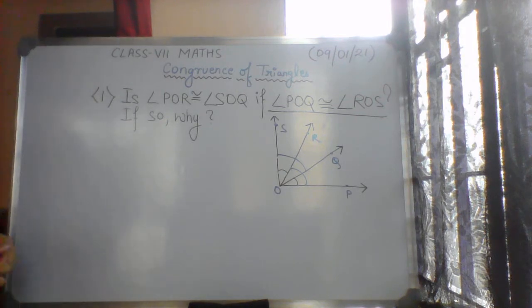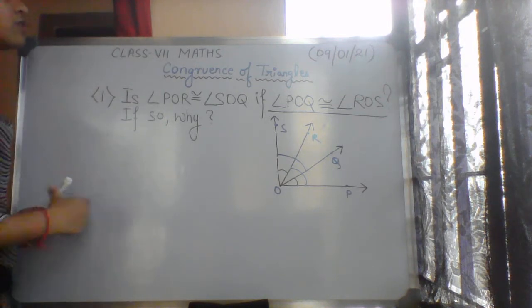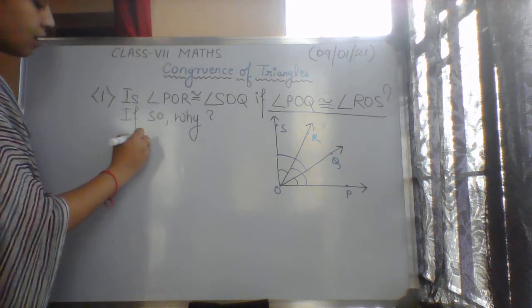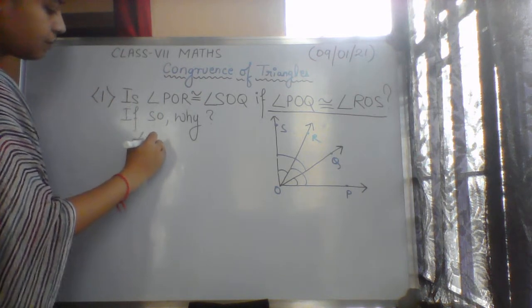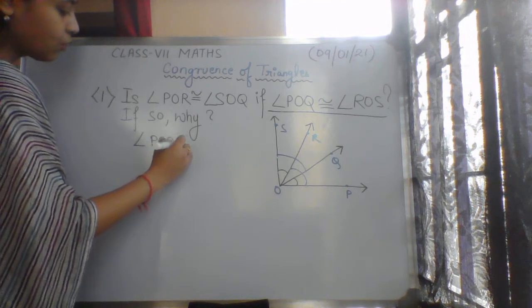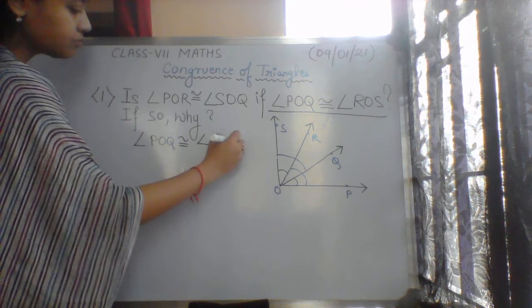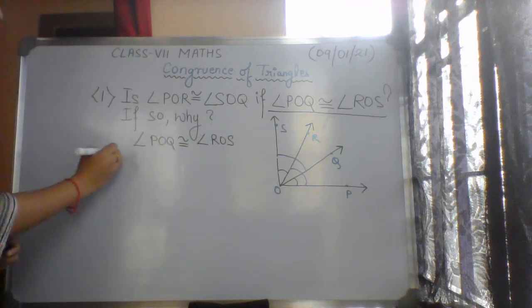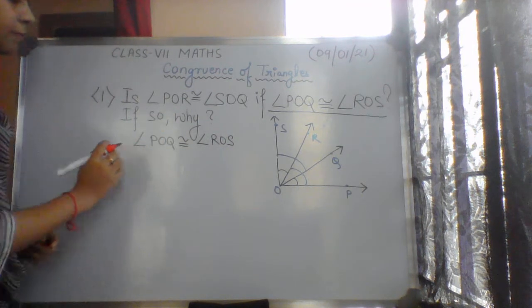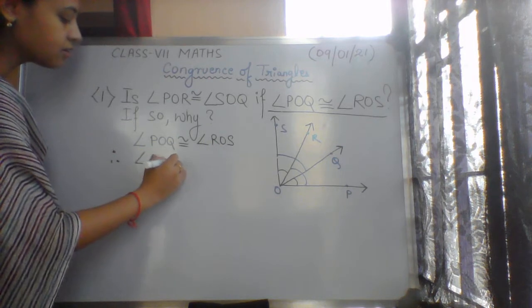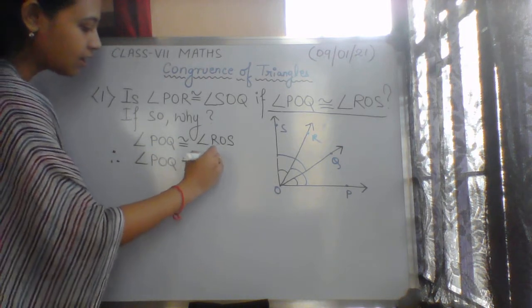Okay, let us write it, so it will be more clear to you. What is given? We are writing that first. It is given angle POQ is congruent to angle ROS. Therefore, from this given part we can say that the measurement of angle POQ is equal to the measurement of angle ROS.